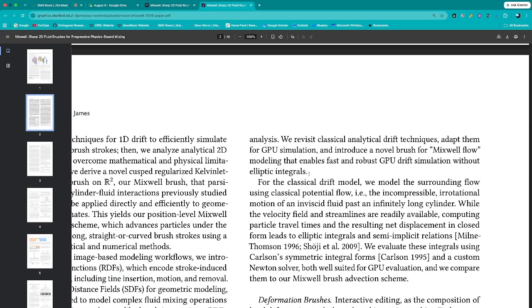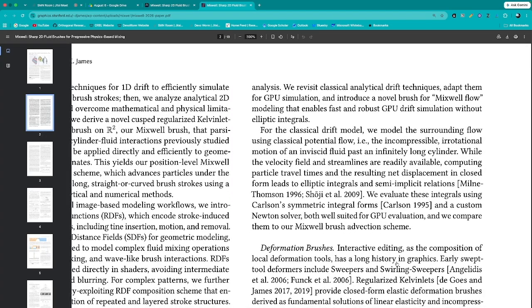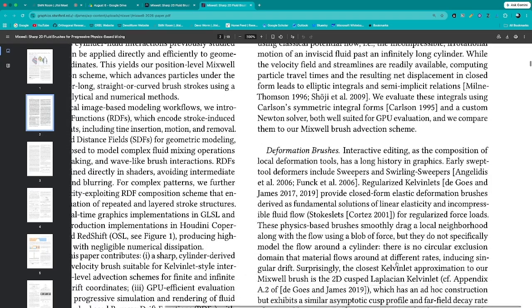While the velocity field and streamlines are readily available, computing particle travel times and the resulting net displacement in closed form leads to elliptic integrals and semi-implicit relations. We evaluate these integrals using Carlson's symmetric integral forms and a custom Newton solver, both well suited for GPU evaluation, and compare them to the Maxwell brush advection scheme.